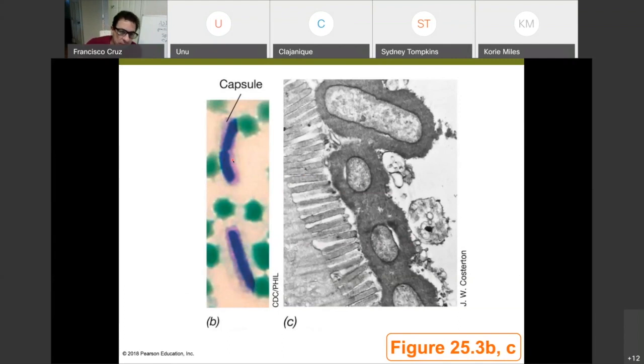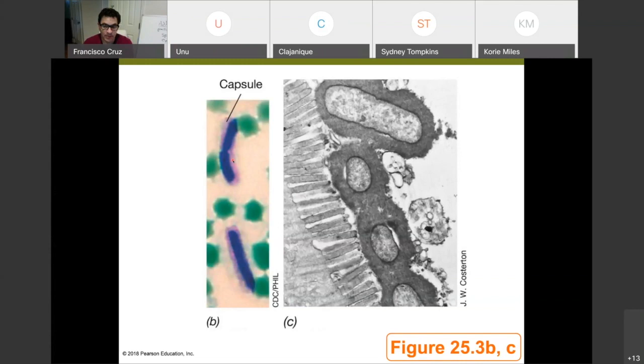So the capsule is a bacterial extracellular polysaccharide structure that covers the outer layer of the cell that can bind host surface receptors and protect bacteria from host defenses. This is almost like a unicellular slime layer, if you will. You can look at it like that, but every single cell has its own capsule. Okay.